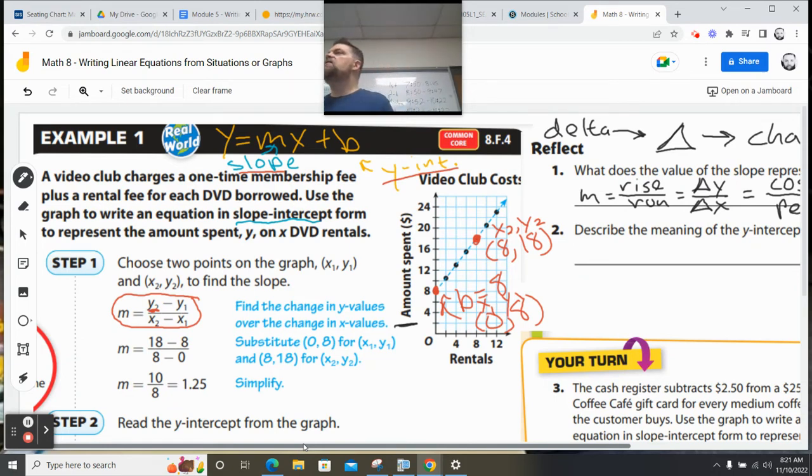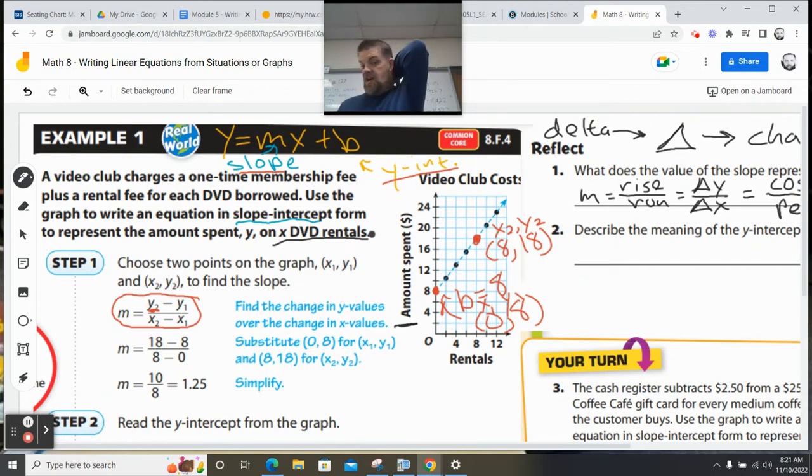So for this video club, I have to pay $8 a month. And then how much do you think I pay per rental? $1.25. Does that make sense? And x represents the number of DVD rentals, and y is the total cost. That's what they want us to figure out.